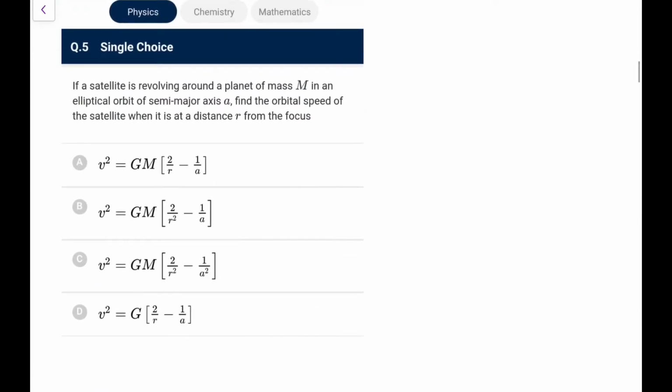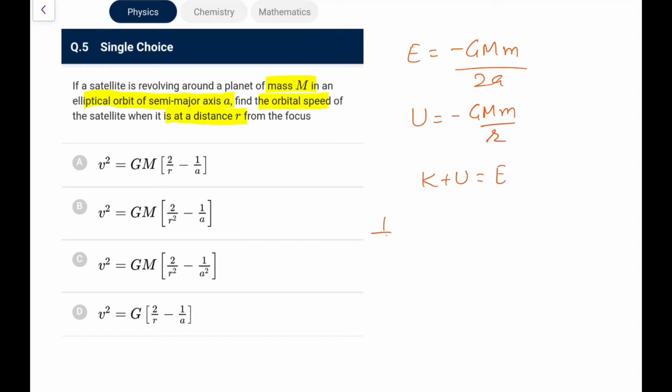Next, a satellite is revolving around a planet of mass M in an elliptical orbit of semi-major axis a. Find the orbital speed of the satellite when it is at a distance r from the focus. So we can say total energy is minus GMm by 2a, where small m is the mass of the satellite. Now at a distance r, U would be minus GMm by r. So using the law, K plus U is always E, which is fixed.